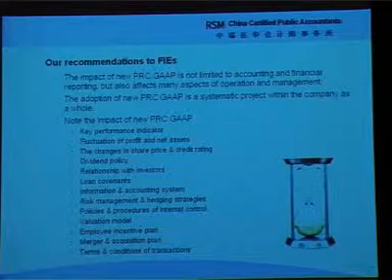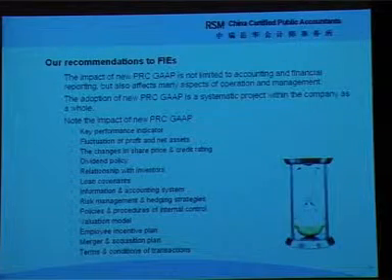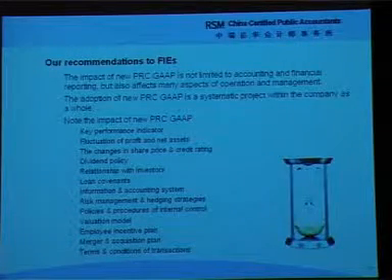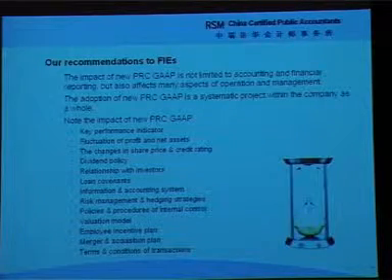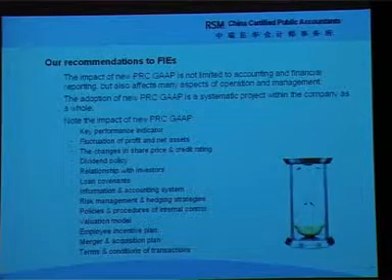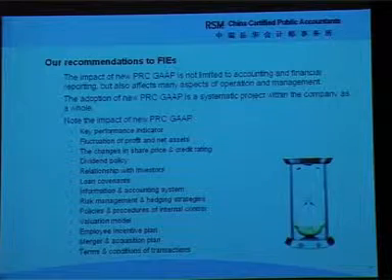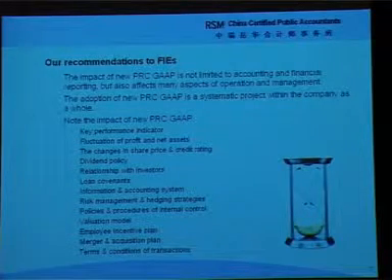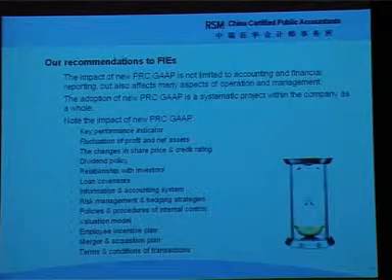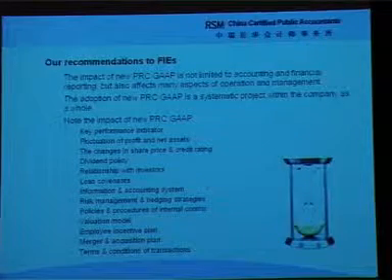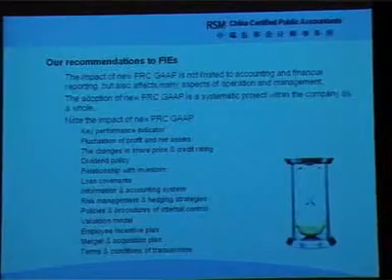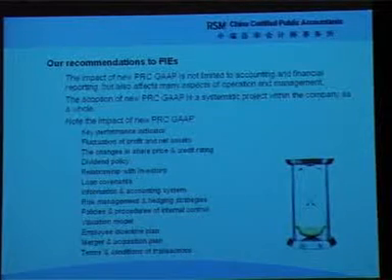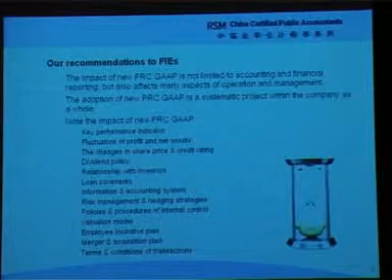Information and accounting system. Generally, the cost of accounting will be higher in the new GAAP than in the old GAAP. So the information accounting system will be more complex under the new GAAP, and more information will be required for disclosure.